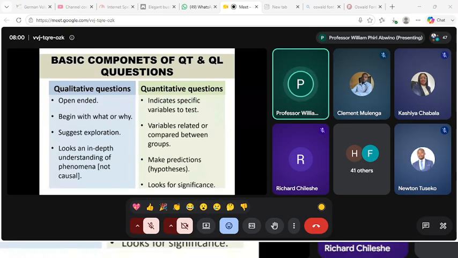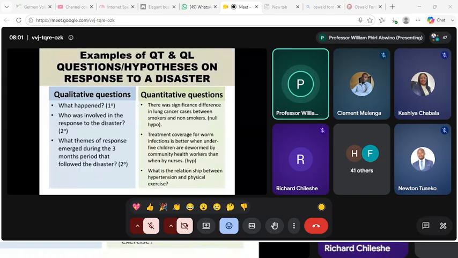Hence, for the mixed method, you may realize that you have one questionnaire that has both closed questions and open-ended questions. And also for quantitative, the variables are related or compared between groups. In quantitative questions, you actually make predictions, the hypothesis, and it also looks for significance.